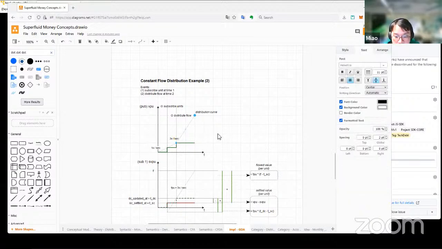So for example, a hypothetical case, just for the sake of a different example than constant flow, is a decaying flow. A decaying flow can be a curve that you can also do this kind of distribution over time.